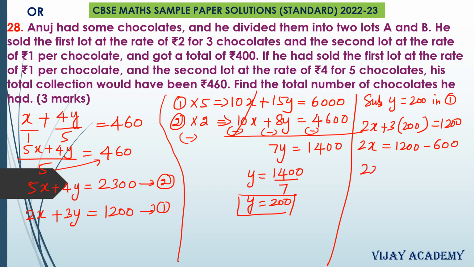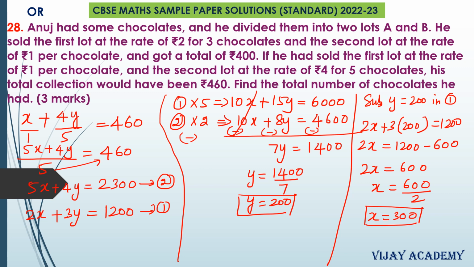So 2x equals 600, and x equals 600 divided by 2, that is 300. So the number of chocolates in lot 1 is 300 and in lot 2 is 200.